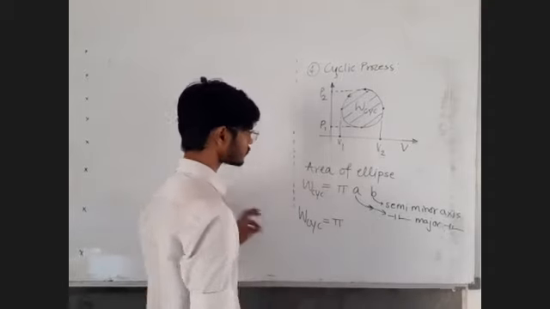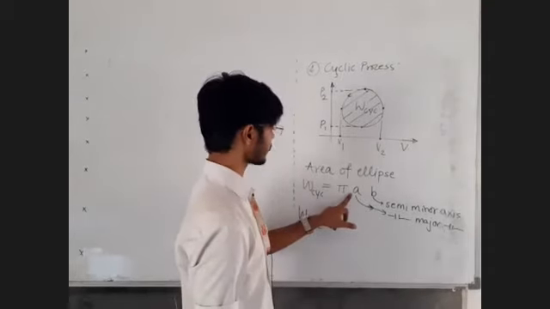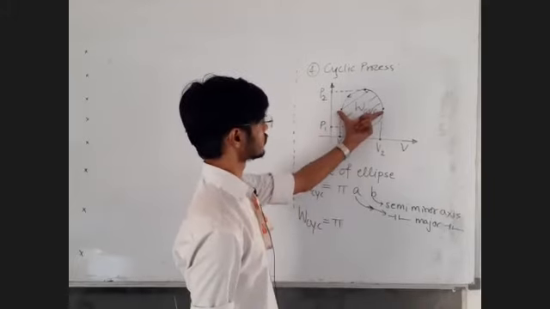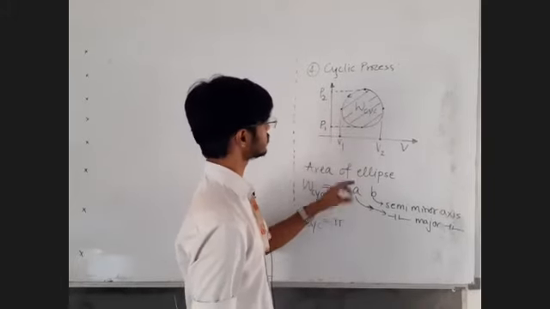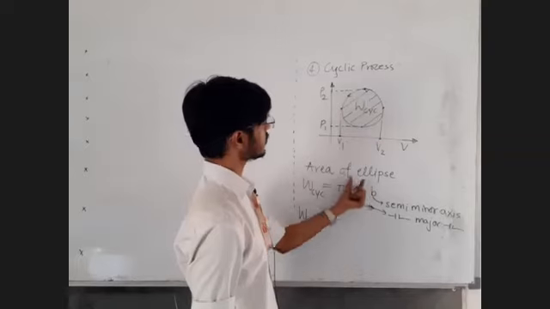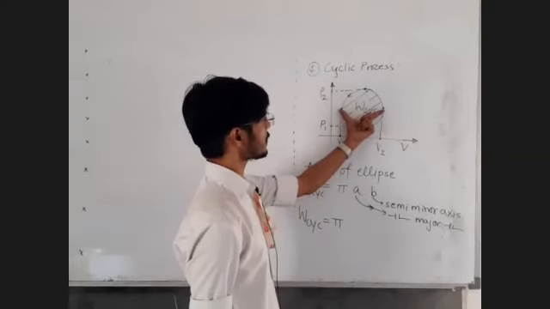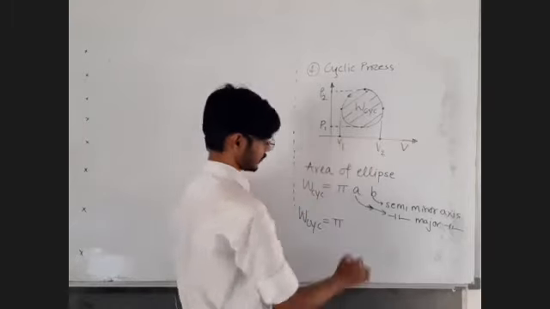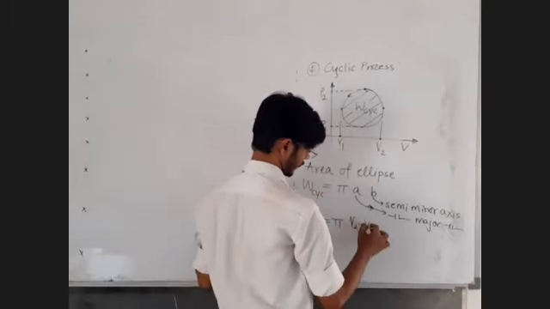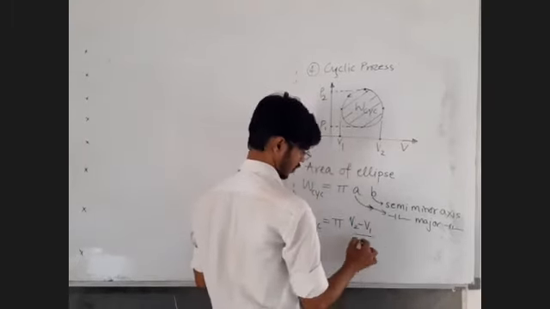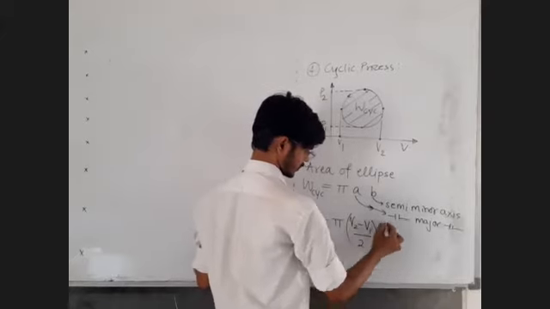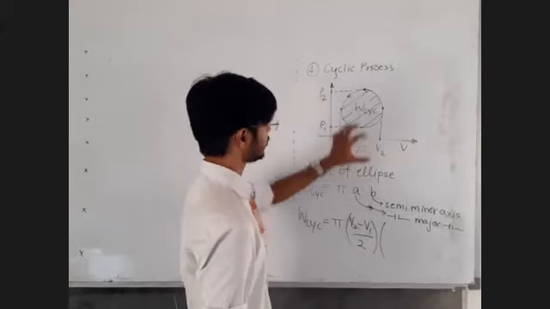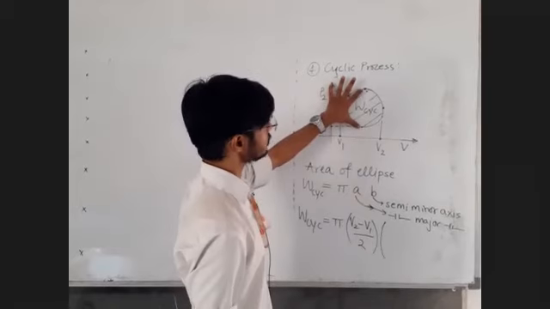Pi. What is this A? We can write this A as major axis upon 2, means semi-major axis. What is the major axis? V2 minus V1. Major axis upon 2, semi-major axis, multiplied by B. What is B? B is semi of minor axis.